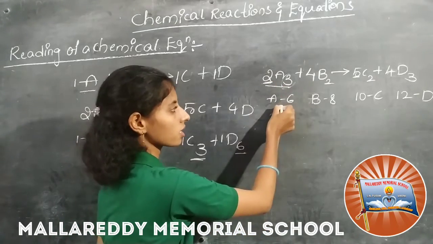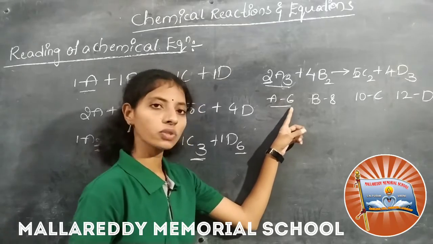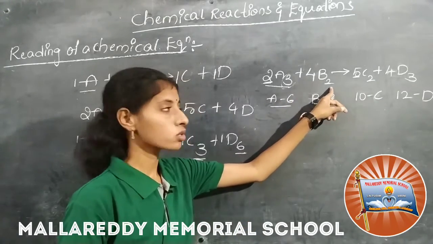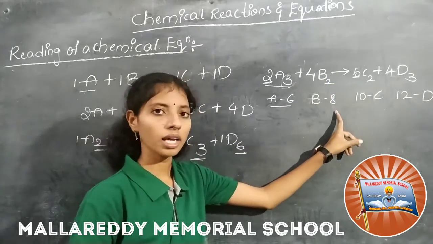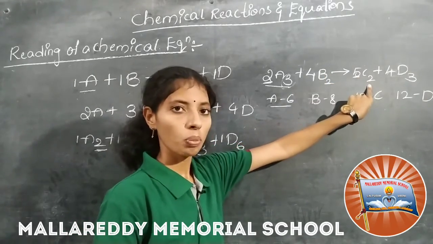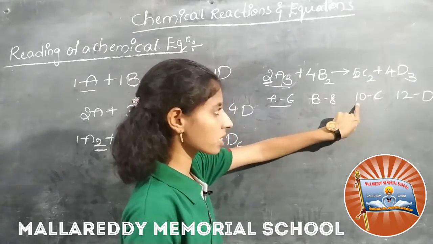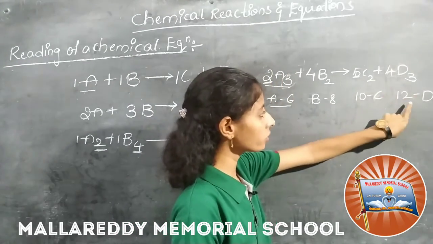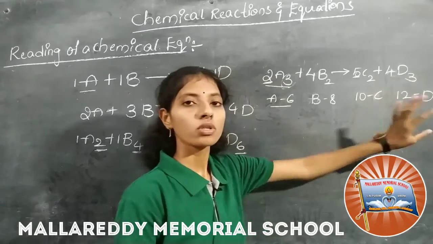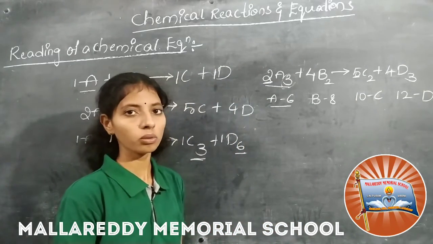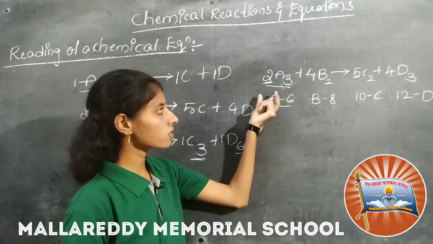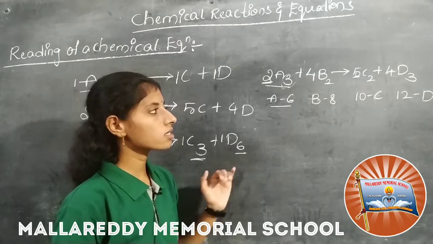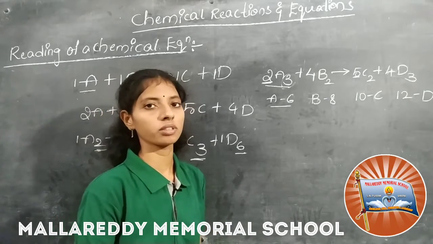So 2 3s are 6, so the total number of A atoms is 6. Now 4 2s are 8, so the total number of B atoms is 8. 5 2s are 10, so the total number of C atoms is 10. Finally 4 3s are 12, so the total number of D atoms is 12. So always we have to take multiplication only, and remember that always we have to multiply the coefficient with the subscript. Okay. This is the way to read a chemical equation.